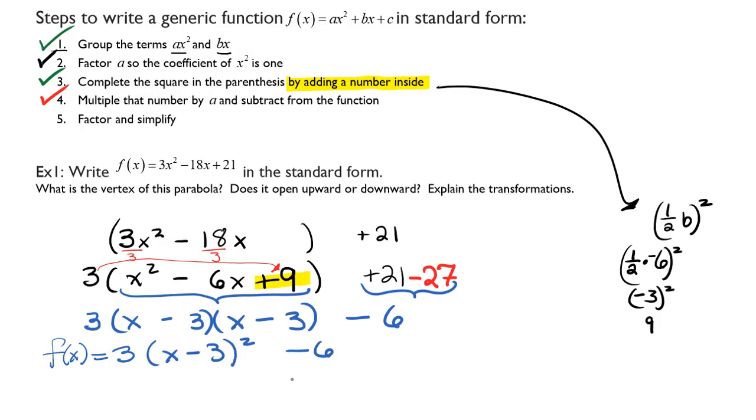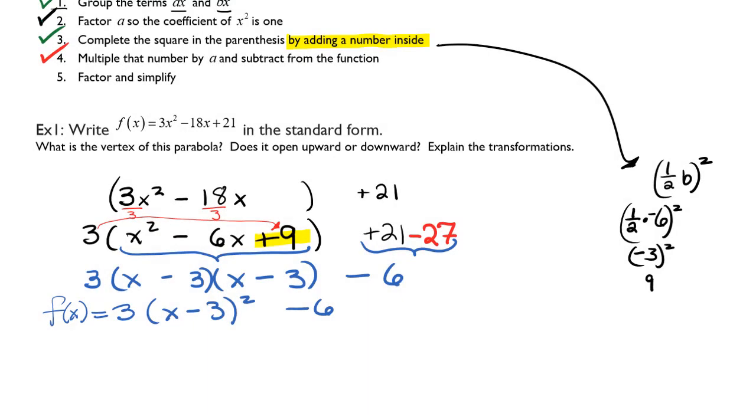It is very convenient. So the first question is, what is the vertex of this parabola? Well, I know that the -3 is my negative of h. So this is -h.